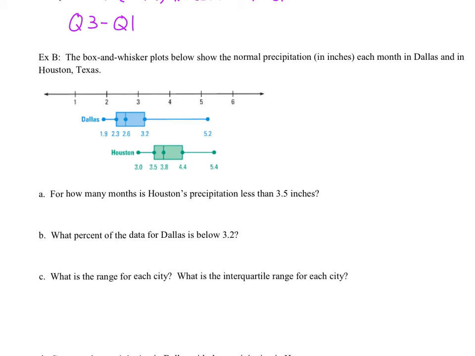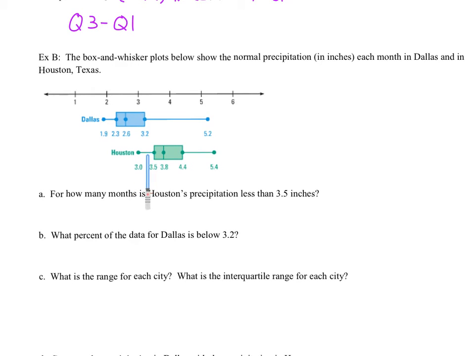So it says, how many months is Houston's precipitation less than 3.5 inches? So looking at Houston, looking at the bottom one, it wants to know how many months is less than 3.5. So I think, all right, from there to there, that's 25% of the data, right?